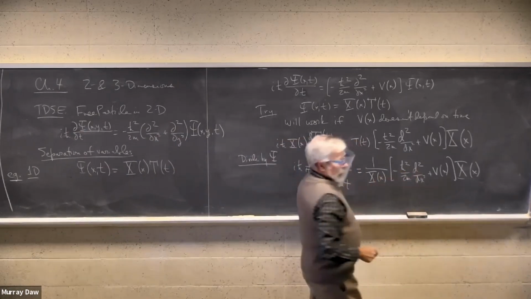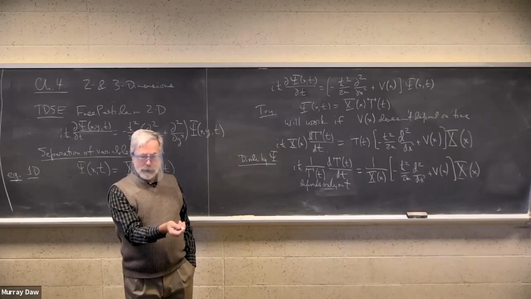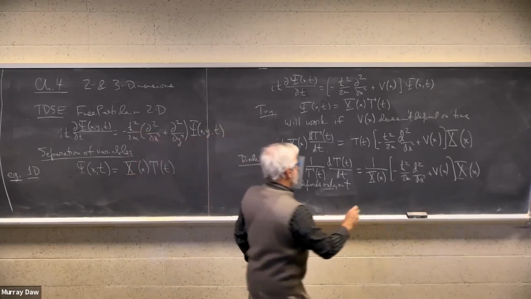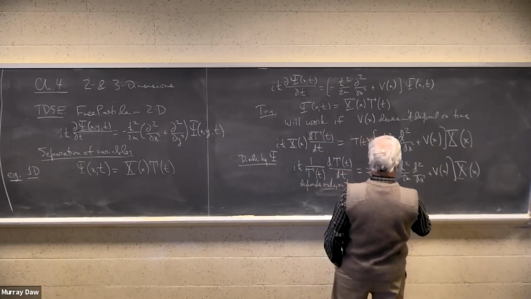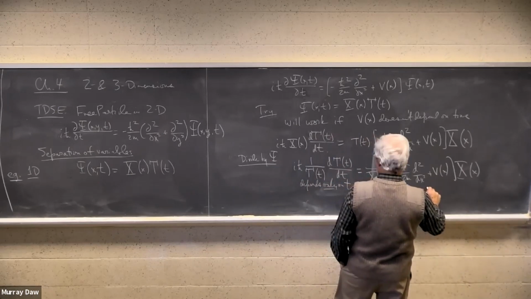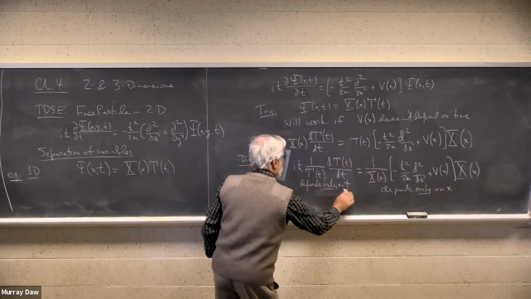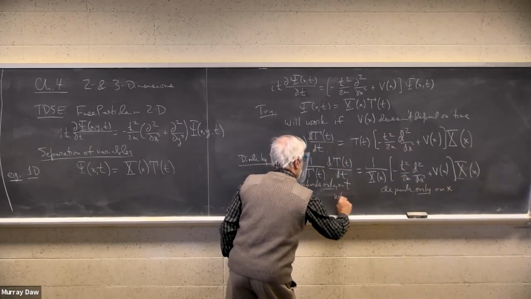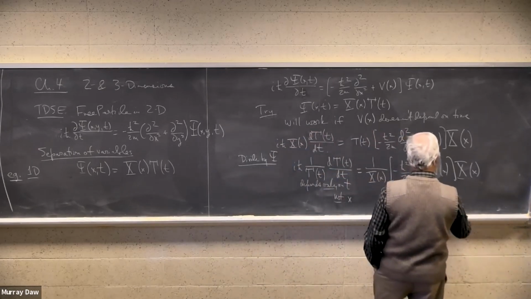And on the right-hand side, it depends only on the x coordinate. Doesn't depend on time. I'm sorry, depends only on x. So this side depends only on t, not x. This side depends only on x, not t.